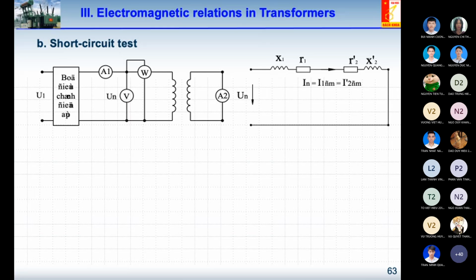short circuit test. It means that the output of the transformer, or we can say the secondary of the transformer, is connected together here. You can see the two points connected together, but the voltage at this point is equal to 0.